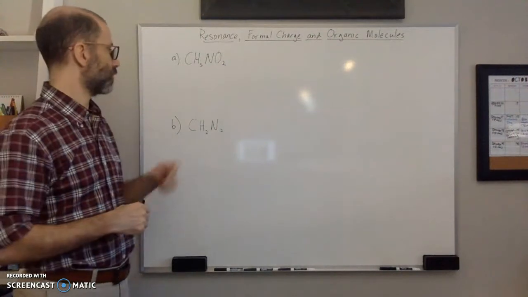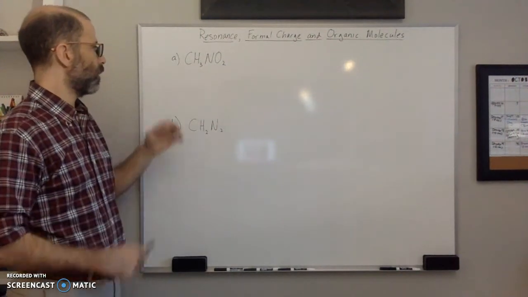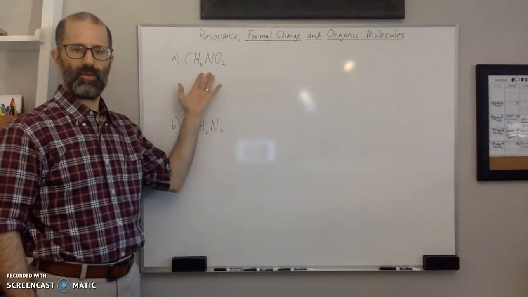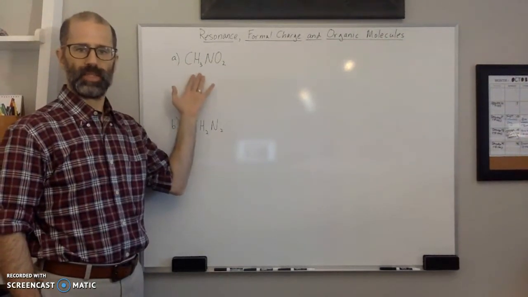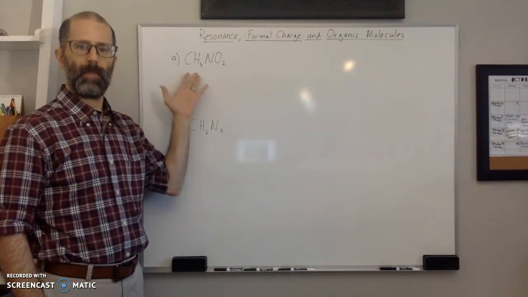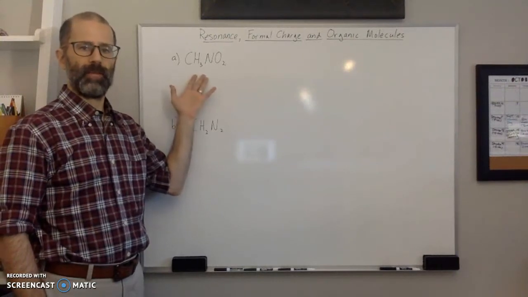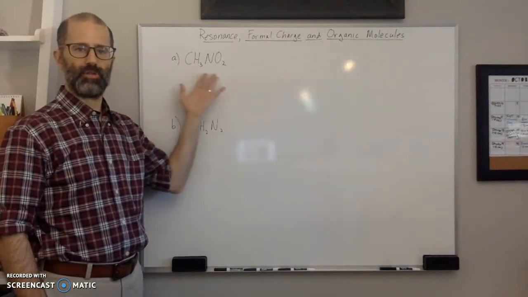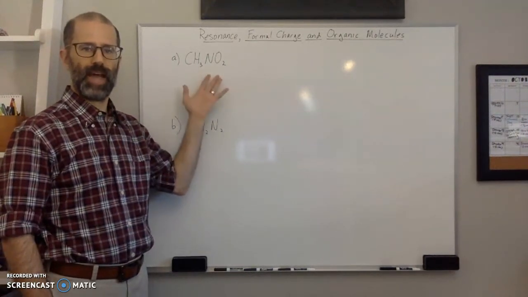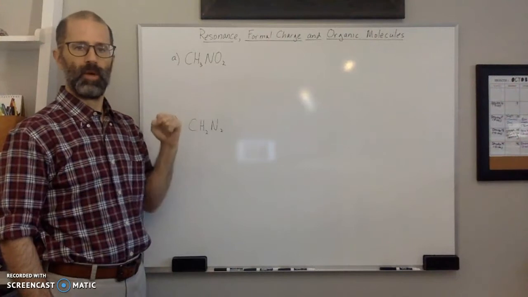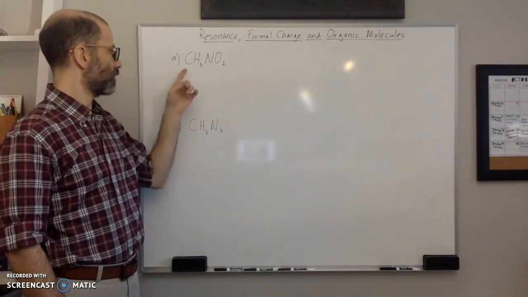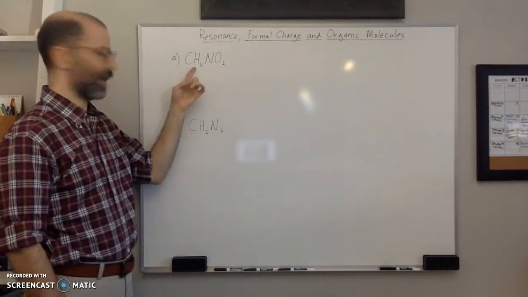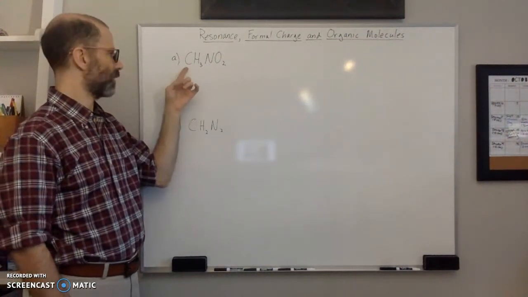First, let's start with this molecule here. You can write organic formulas in different ways, but this is a really good way because it tells you the connectivity of the atoms. Notice that the hydrogens follow this carbon here.